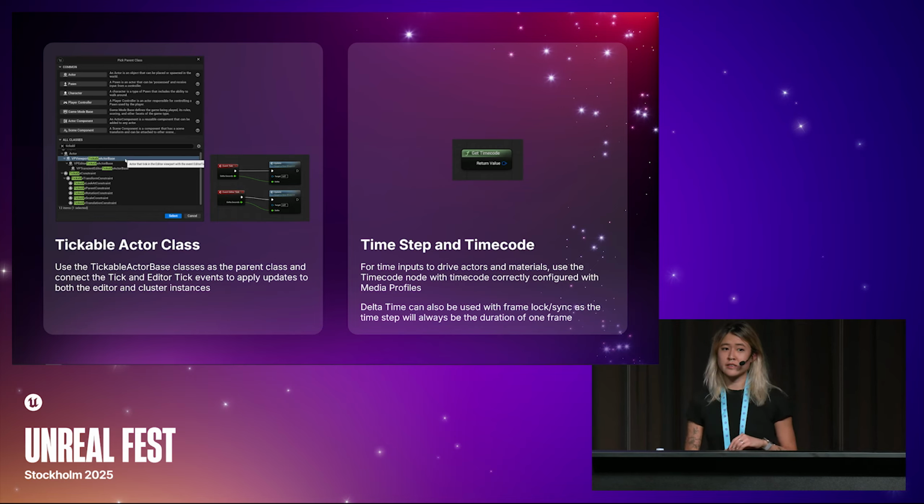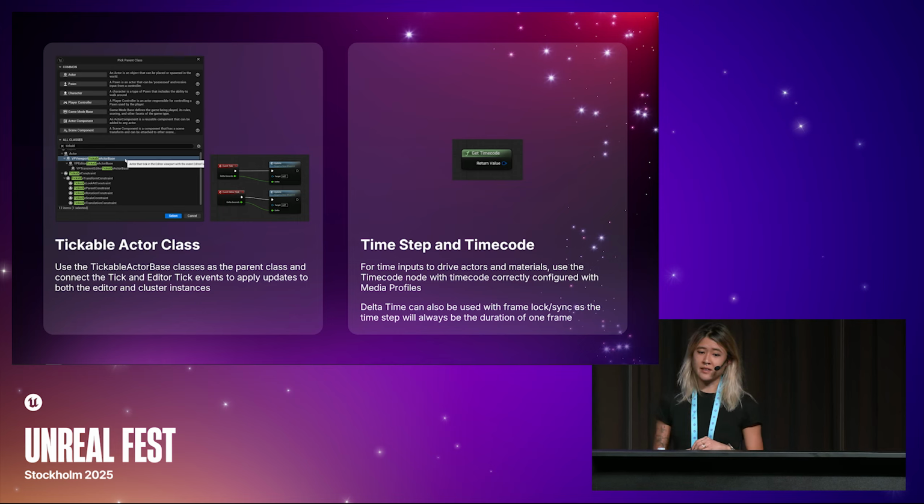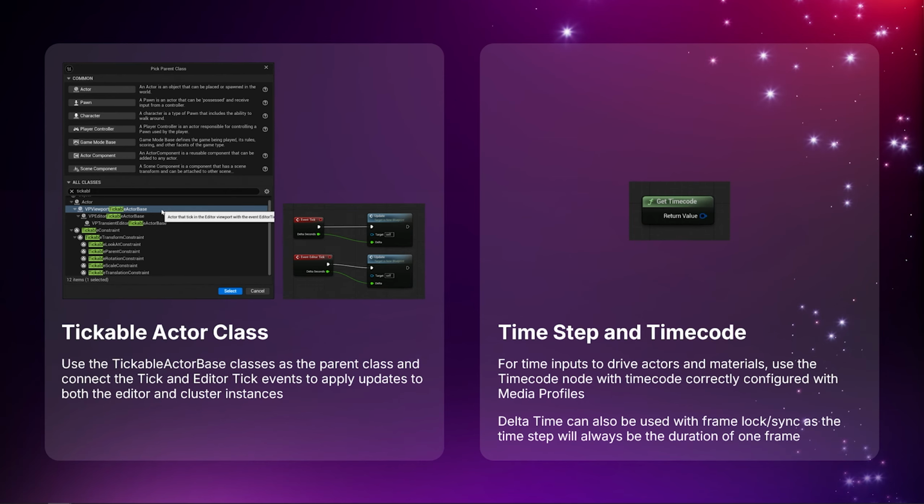The way I usually go about making blueprints for the system is to use the tickable actor class as a base. Usually the first one, the one that's highlighted, the VP viewport tickable actor base. That one works both in editor and on the wall, so you can see it updating in your editor on tick as well.